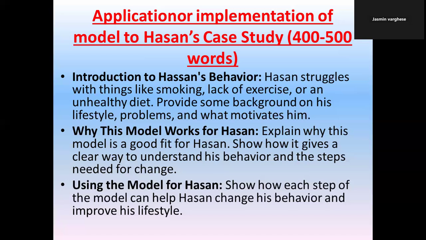Also add some background information: where he is located, what his family is like, what his mother's, son's and wife's situations are, who the breadwinner of the family is, and what his financial status is. What motivates him? Is there anxiety or is he stressed, etc.? You can write this in the first section.